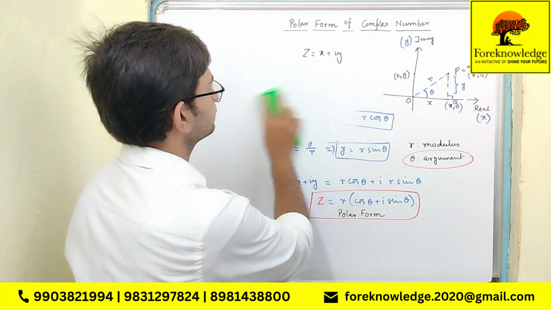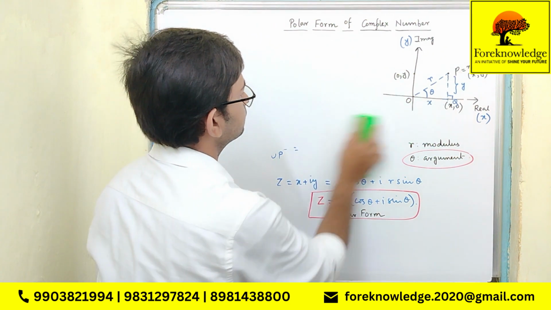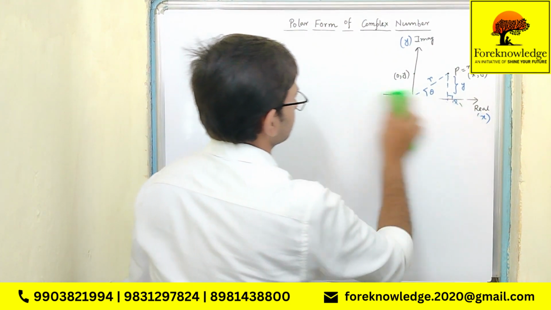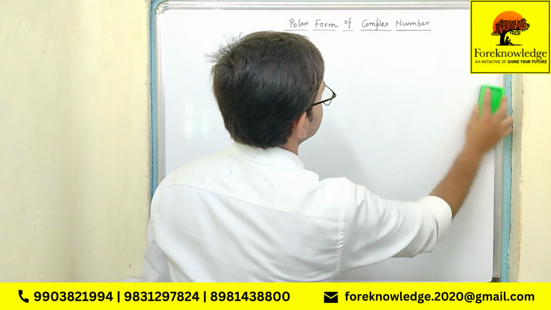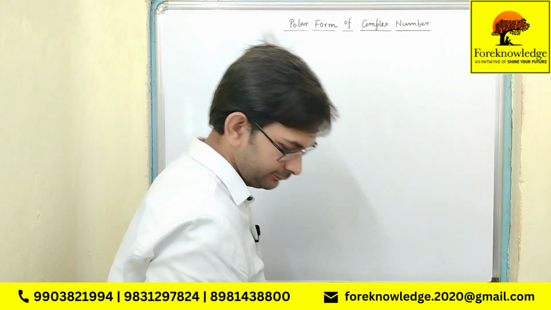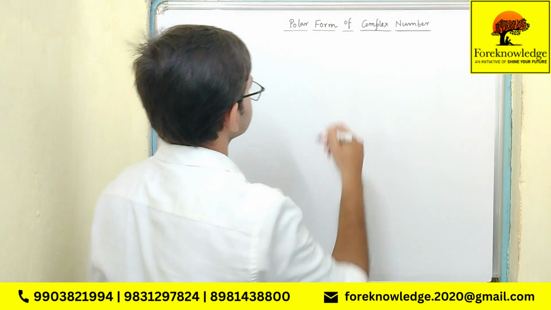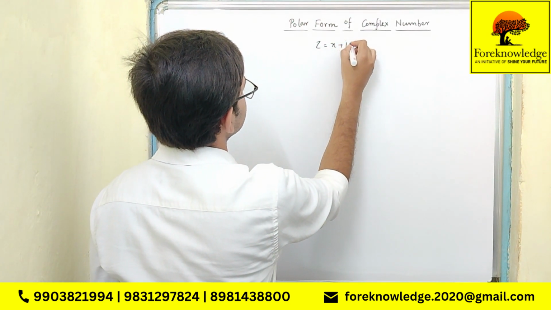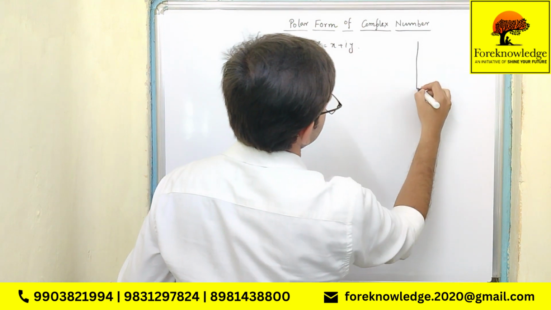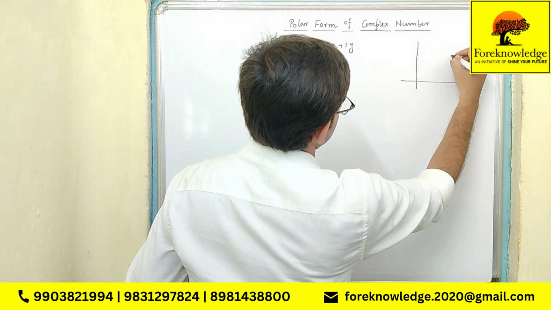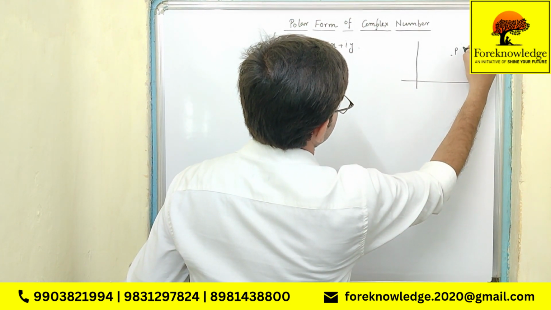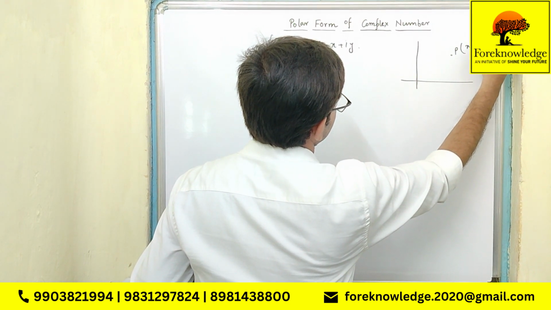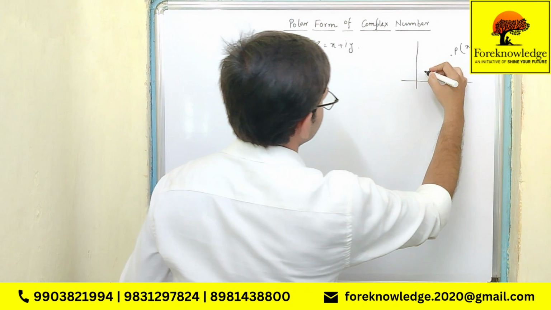I'll draw this image once again. Suppose z equal to x plus iy, and this is P, which is nothing but x plus iy. X plus iy means x comma y.